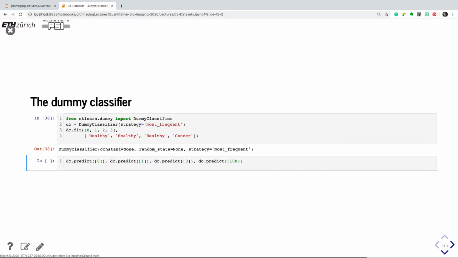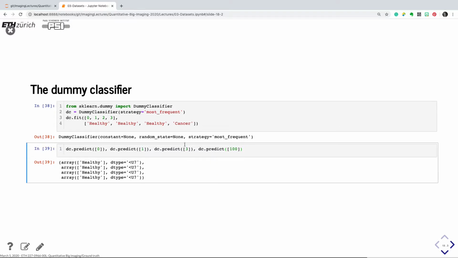After that, we try to do a prediction, and what do we get? Well, of course, as healthy is the most frequent, all samples are predicted healthy. So it's not a very smart algorithm, but it can be used as a baseline to check the properties of other algorithms. So it must be better than this one.